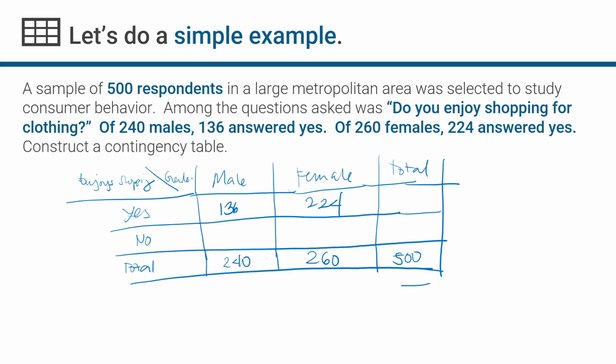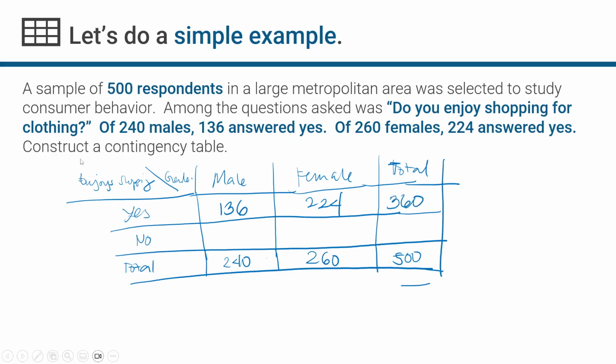Okay, so the deficiencies of the table we fill out. So we have 136 plus 224 equals 360.